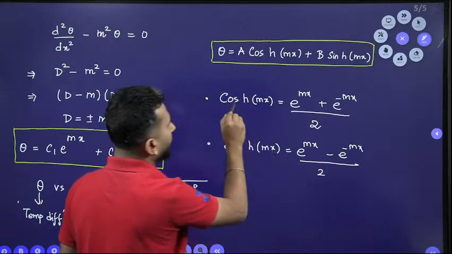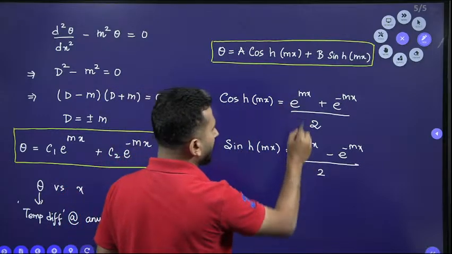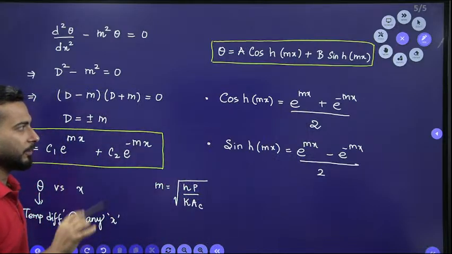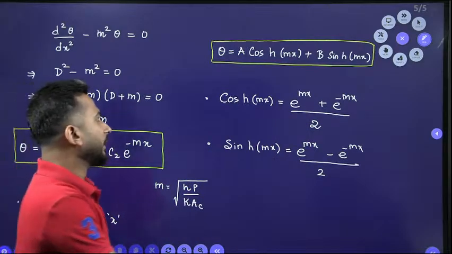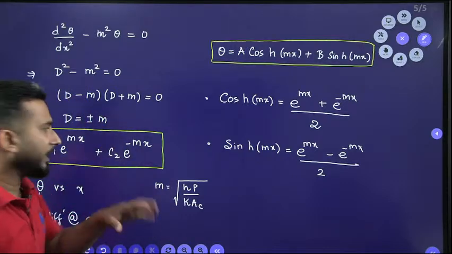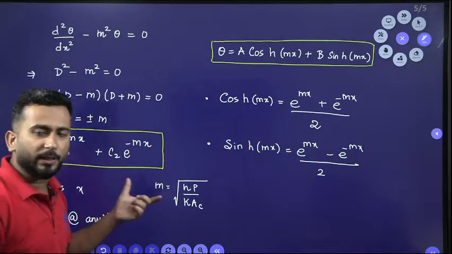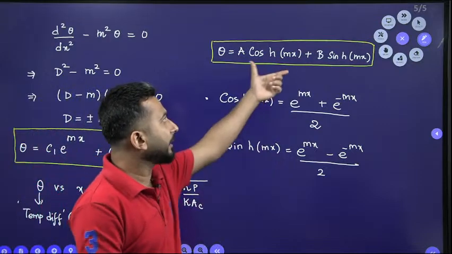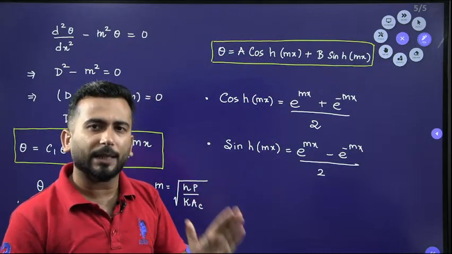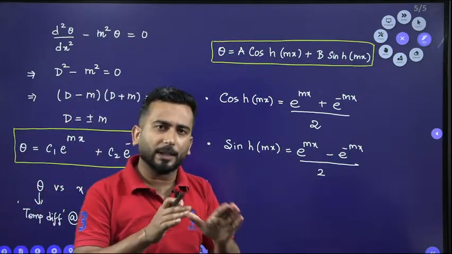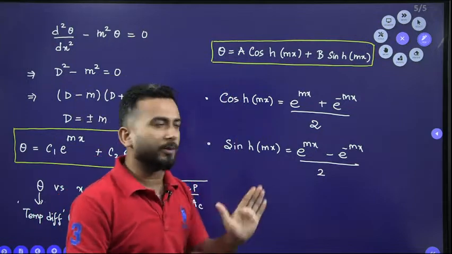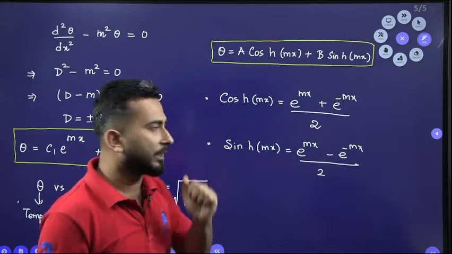In place of cos hmx and sin hmx, if you substitute these, you will probably come over here, right? So why have I told you these two? Because sometimes in one case I will be using this equation to start with, and in another case I will be starting with this, right? Both are the same only. We will arrive at the same equation; if I use this or this, it will give me the same result. Okay.